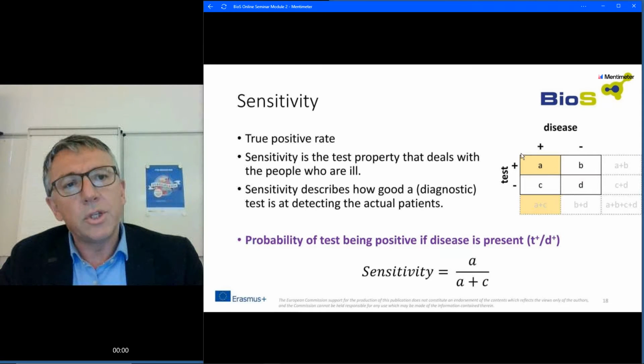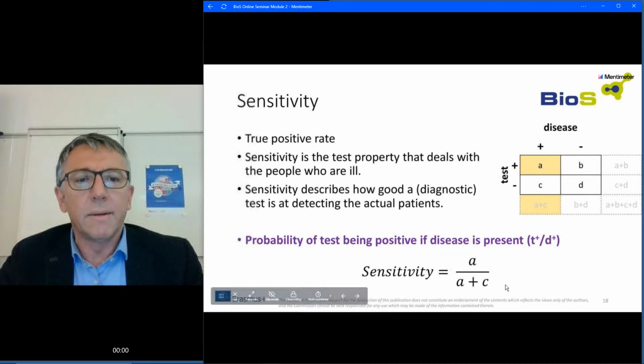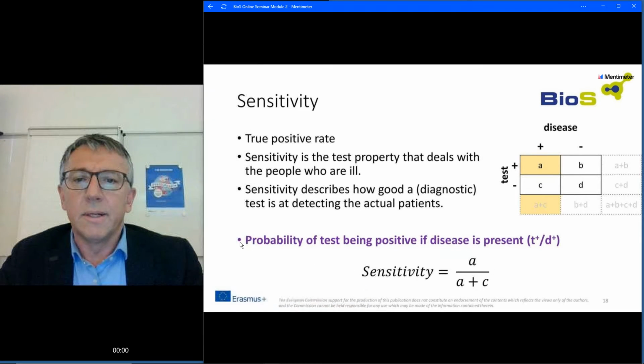So it tells you the ratio of those being tested positive, A, divided by those that are actually having the disease. So the ratio is A divided by A plus C. And it gives you the probability of the test being positive if disease is present. It's the probability of positive if the disease is present.